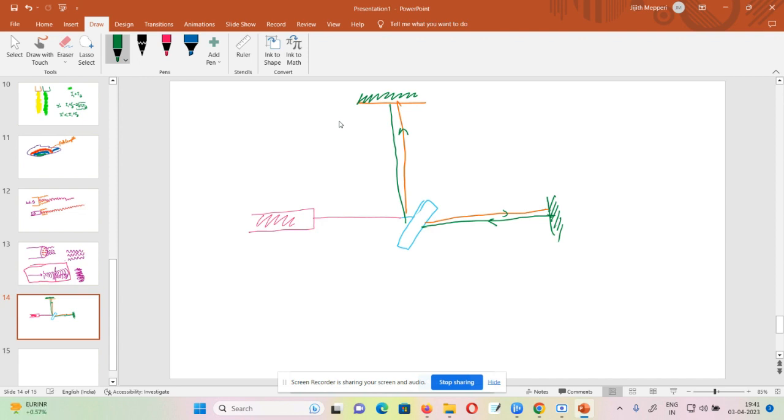Then it reaches the beam splitter again. Some portion will reflect, but we don't care about that portion. We are only interested in the transmitted portion from the top, which will come this way. Some portion is also getting transmitted here, but we don't worry about that one. We are actually interested in the reflected portion.